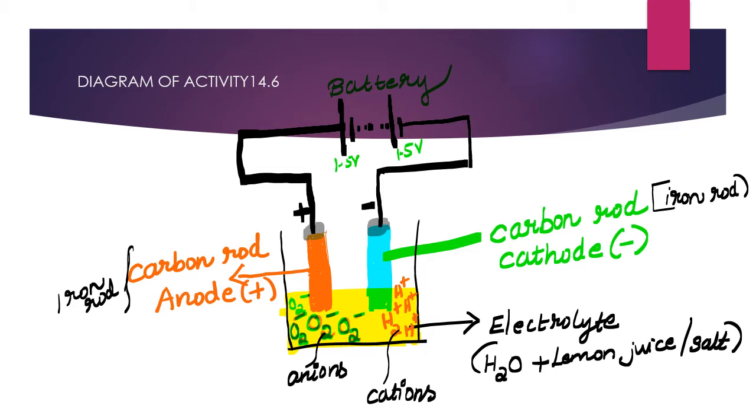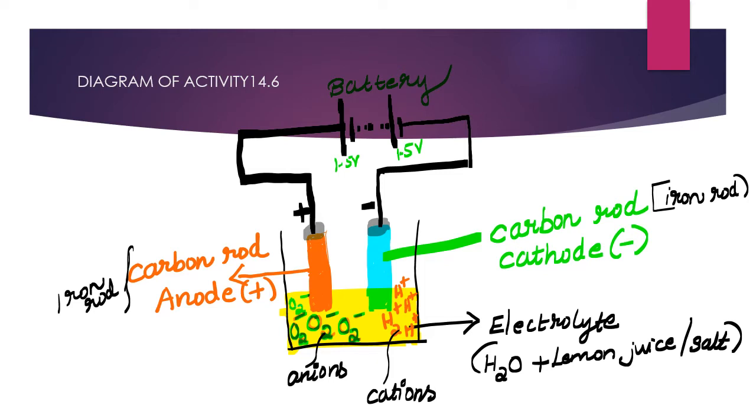Once the setup is ready, the electricity will pass through this, making the chemical compound present in the electrolyte separate or dissociate. Here you can see what is dissociated when electricity is passed: the water molecule into hydrogen and oxygen. What are the carbon rods here? On the left and right sides you can see carbon rods, but one is marked positive and one negative.